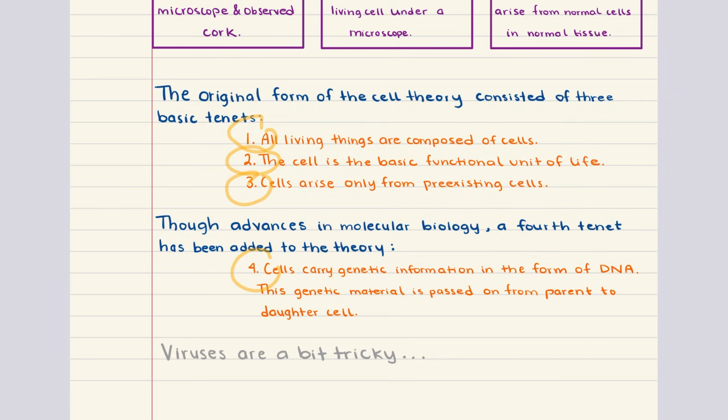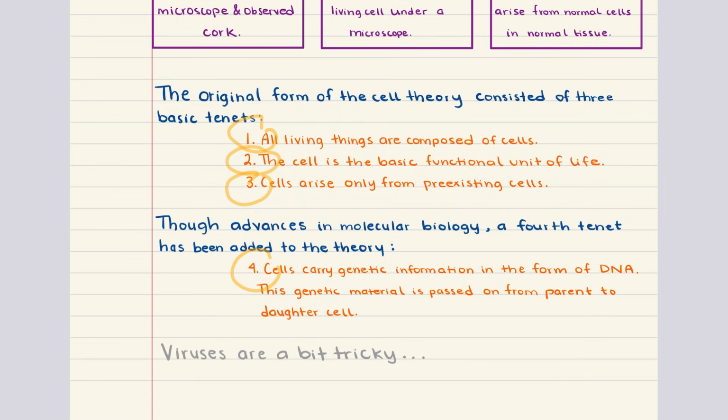So together, these four principles form the foundation of our understanding of what cells are and how life operates at the microscopic level. But we'll see in our last objective that viruses challenge some of these ideas, and that's where things start to get a bit tricky, but really interesting.